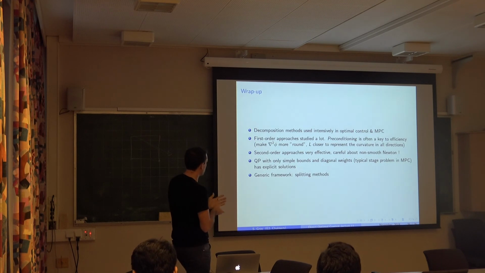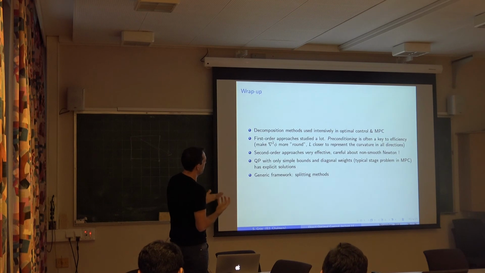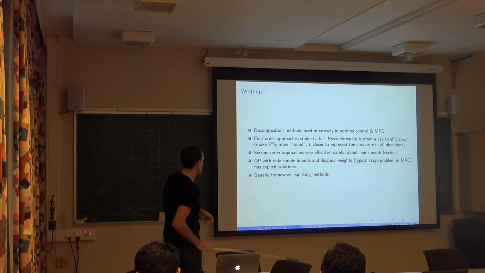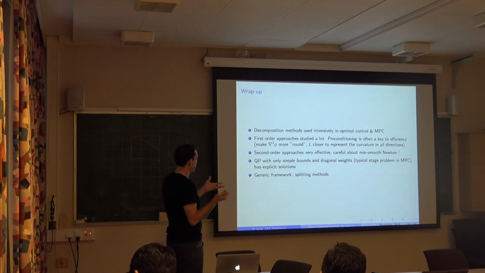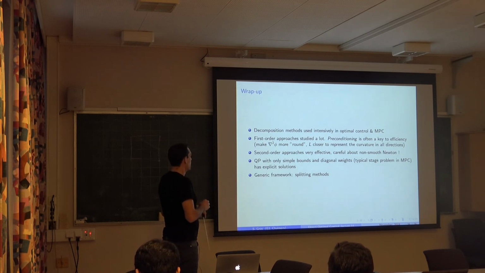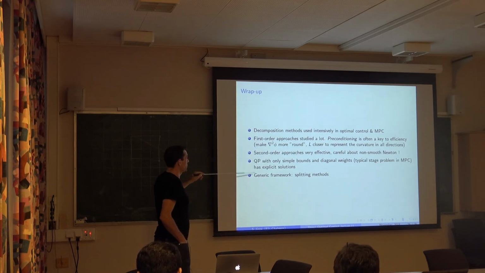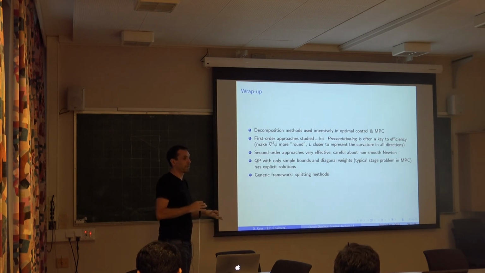The price to pay for using these things is that it's often iteration intensive. So you do very little computation in the iterations, but then you end up doing a lot of iterations. Another approach is to use second order methods, but then you have to be a bit careful with the non-smoothness of the functions. Remember, if you do MPC with simple bounds, there's a number of things that can be done to simplify the codes.